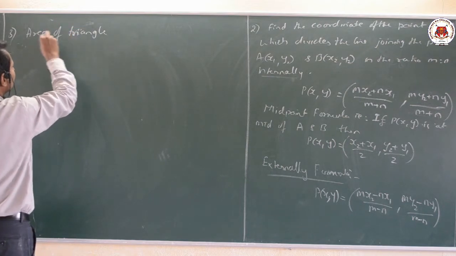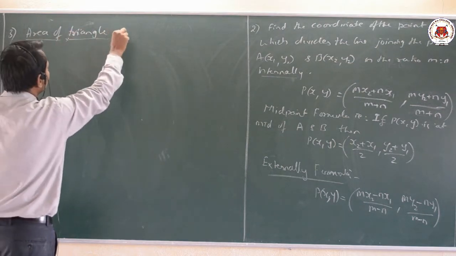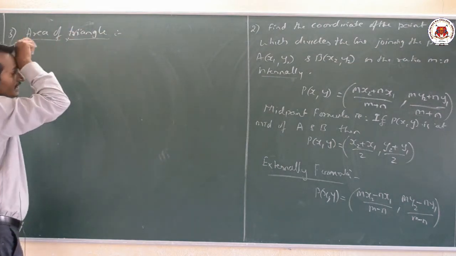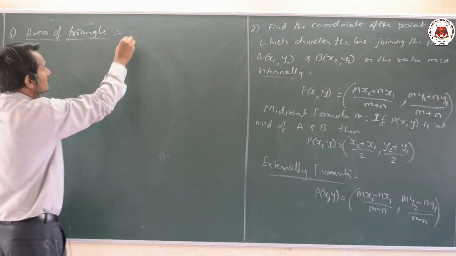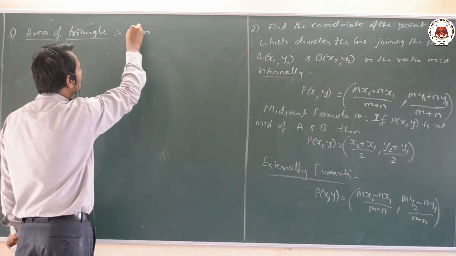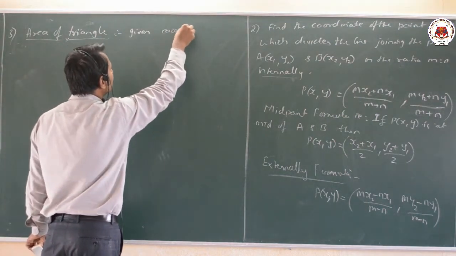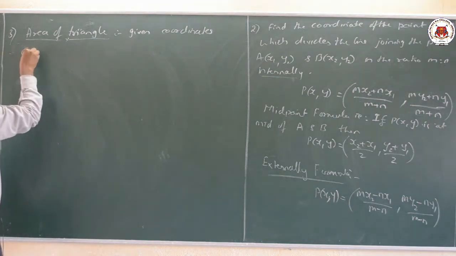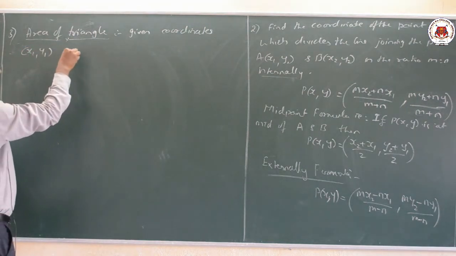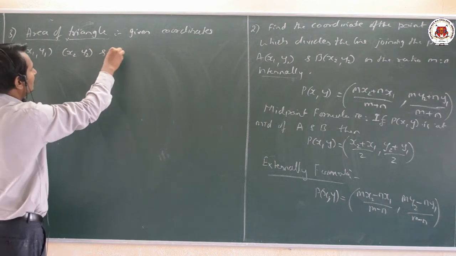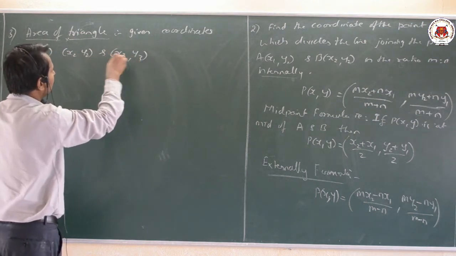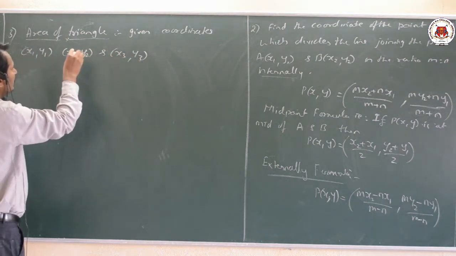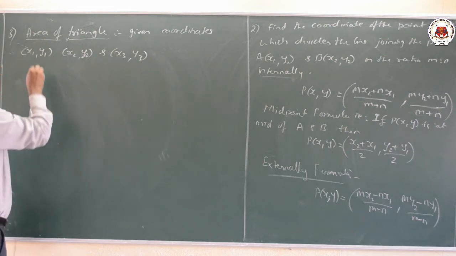In this area of triangle, it is a very simple thing. Find the area of the triangle given the coordinates x1 y1, x2 y2 and x3 y3. Let us observe the coordinates.